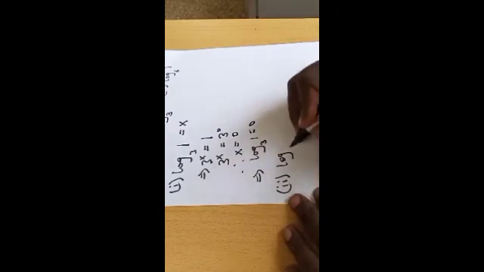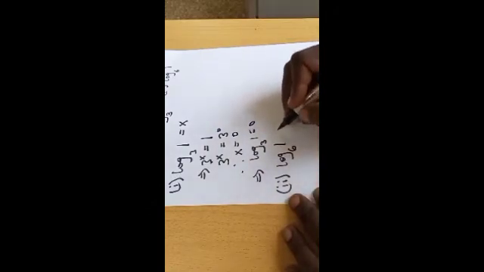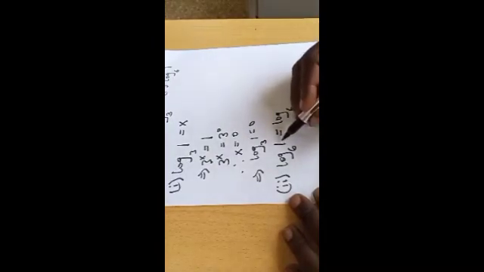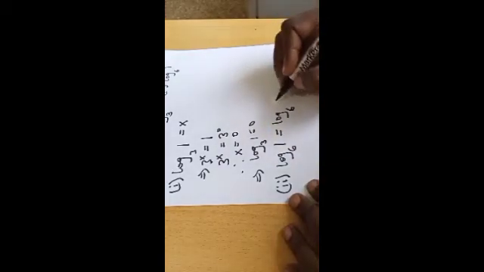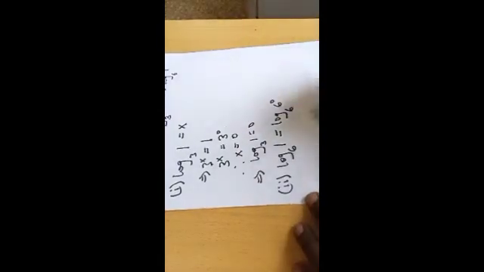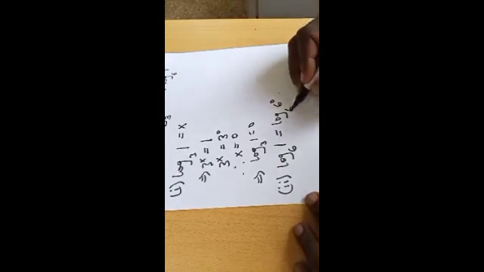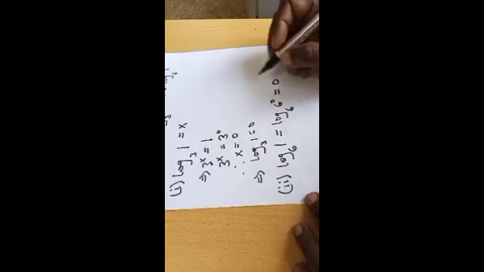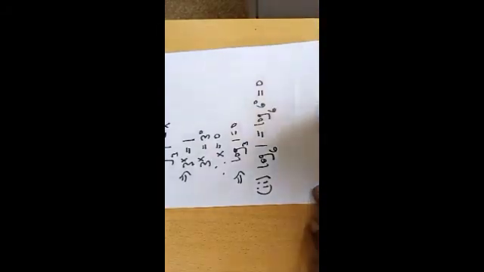The second one over here, II, log base 6 of 1. I am going to express this one using 6 as the base, and that is going to give me 6 to the power 0. So if this and this are the same, then our exponent will be our answer, and that will be equal to 0.